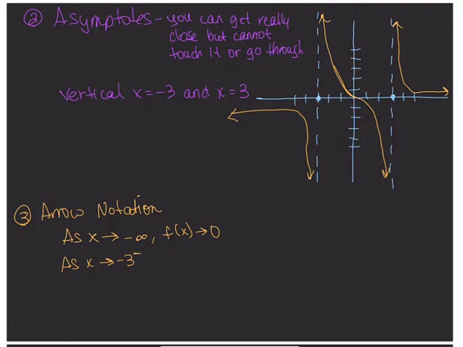So that's telling you that you're approaching -3 from the negative side. f of x is going to go where? f of x is our y values. So as I'm getting closer to this asymptote from the left, what's my y value going to? It's shooting down, isn't it? So my y value is going towards -infinity.